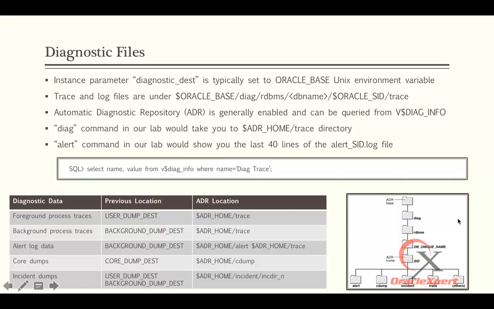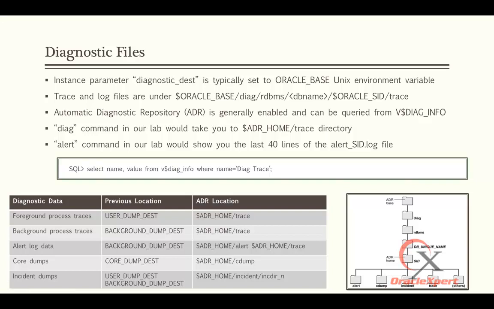Now quickly understand what's there in the diagnostic file, how the structure is. Here's a diagrammatic depiction of the directory structure and the hierarchy there. You have an ADR base, which I already said is Oracle base, which you provided at the time of the Oracle software installation. Under that there would be a diag folder, under which there would be a folder with the name RDBMS, since we are talking about the Oracle RDBMS server software. Under that you would have a folder with the DB unique name.